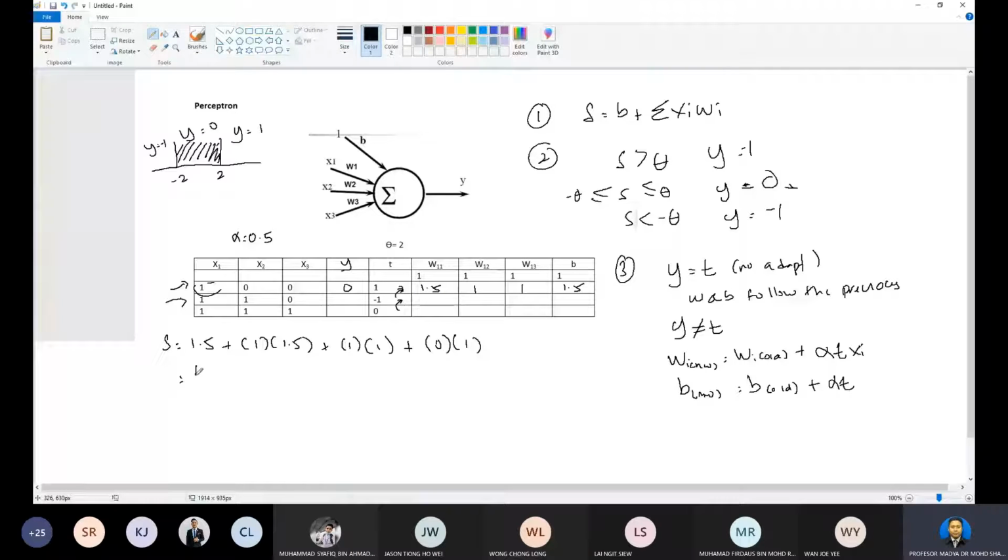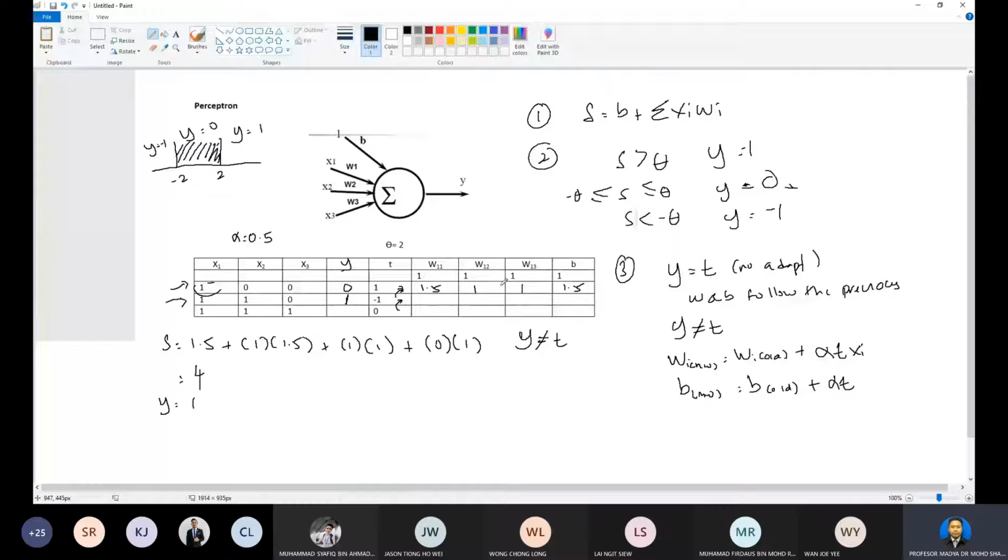S equals 4 in this condition, so y equals 1. Now you can compare: y is not equal with t, because t is -1. So we have to adapt the weight and bias.